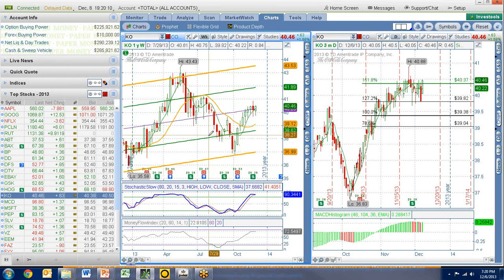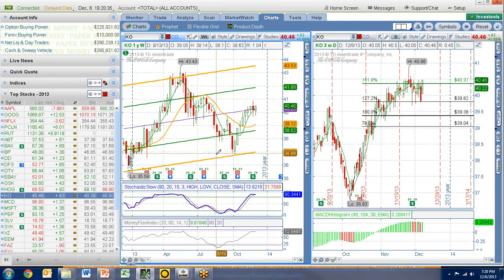Now, you can go in and put in +1 and -1 standard deviation from that regression channel. Statistically, that means that 64% of all price will be contained within the plus and minus 1 standard deviation.